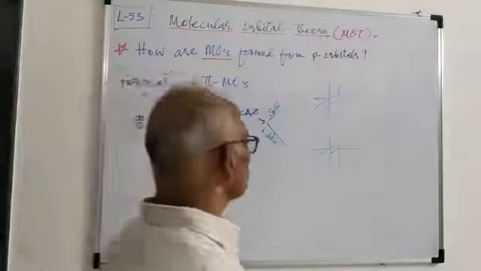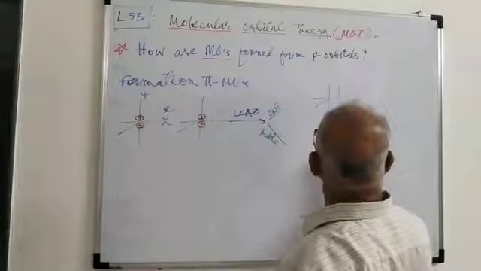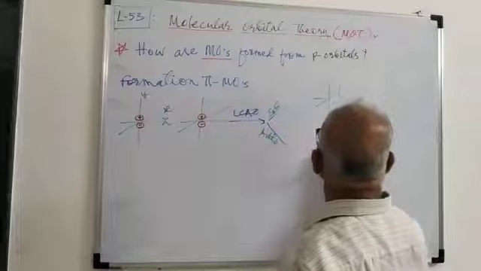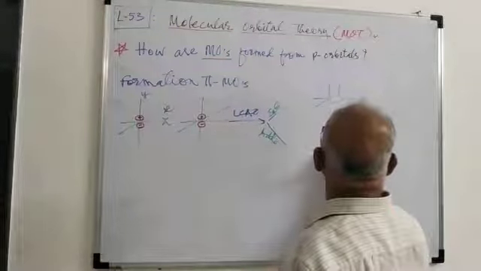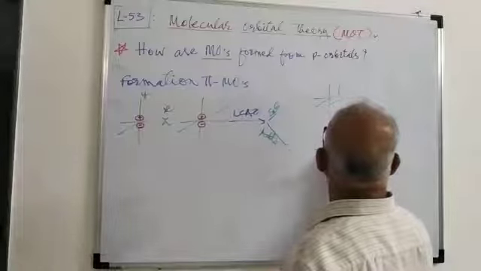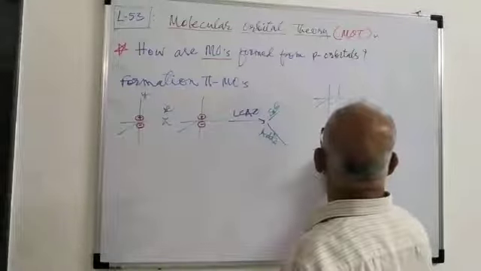As a result of this, you will find that the lobes of these are formed in this way. The two lobes will come together like this.